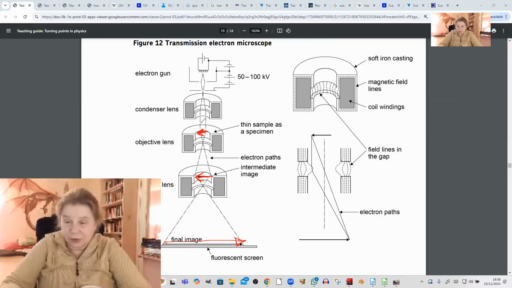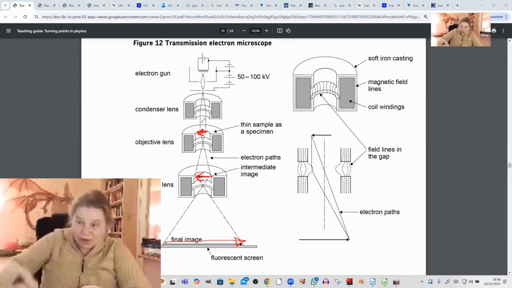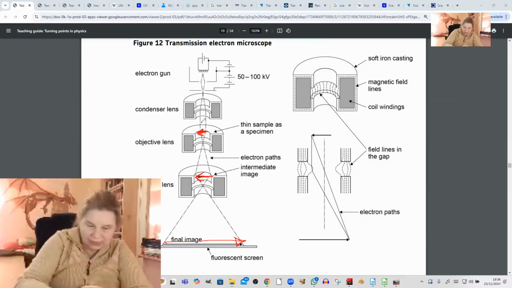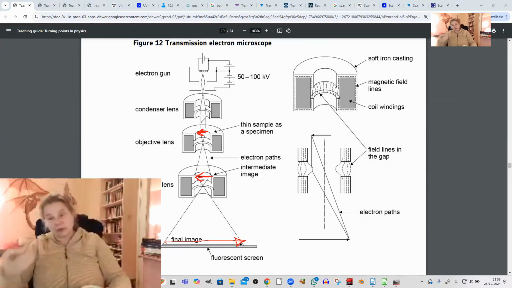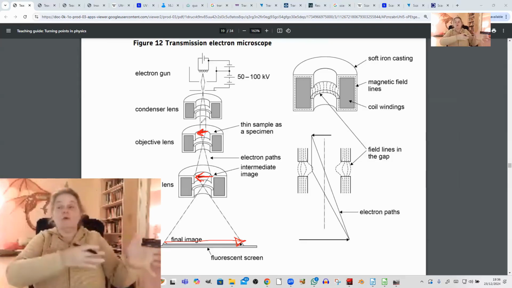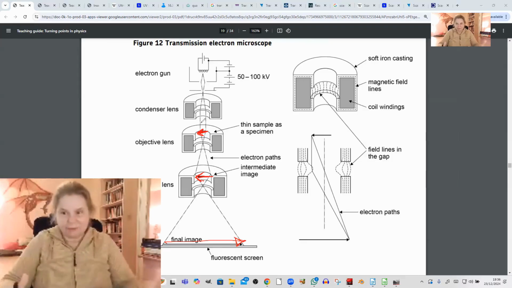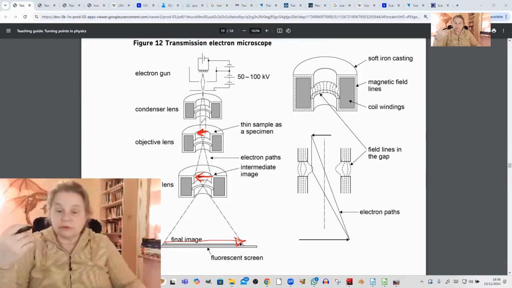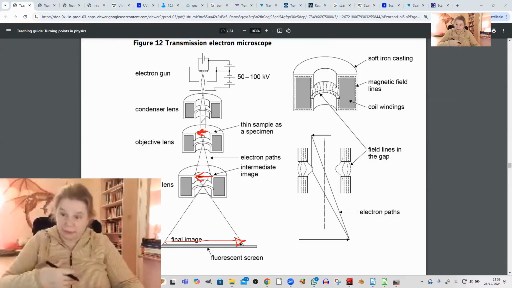Okay, so now this is where the sample that you're looking at sits, and of course the electrons actually have to go through it. It's transmitted through it. Some of the electrons are absorbed in patches, depending on what it is that's in the way, and some will be slowed down a bit.